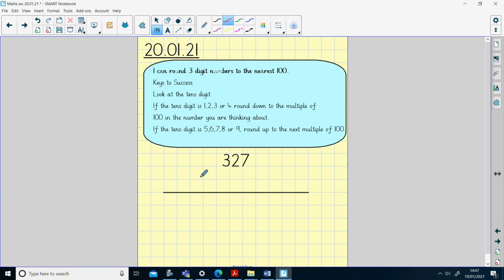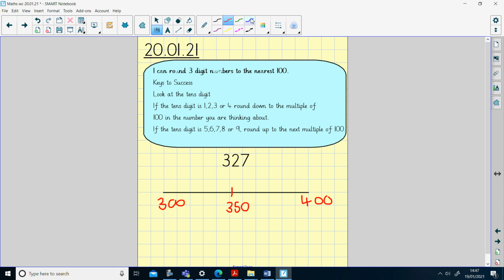So the multiple of 100 that is in my number is 300. And the next multiple of 100 is going to be 400. So if I was counting in hundreds, after 300, I say 400. Halfway is going to be 350.